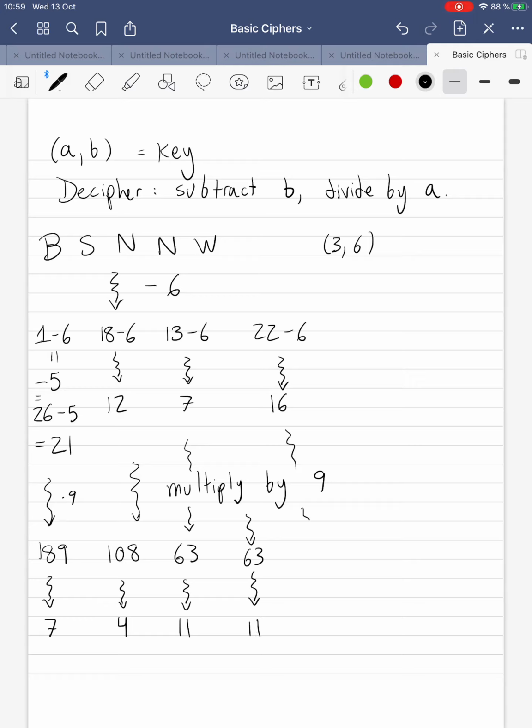And then 16, I'm going to multiply by 9. So 16 times 9 is 144, which mod 26 is just 14. And so you can see now we translate this back to letters and we get H-E-L-L-O, our original message.